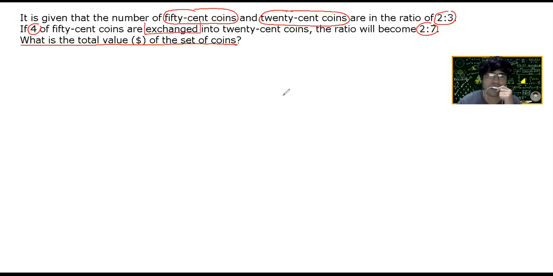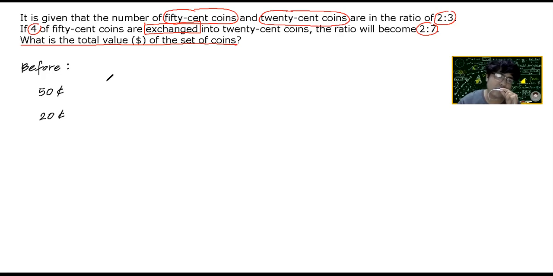Now, you may pause this video for a while to find out the answer on your own. But if you want to find out the correct answer, let's proceed. Now, before you change the number of coins, let's say 50-cent coins and 20-cent coins have a ratio of 2 is to 3.